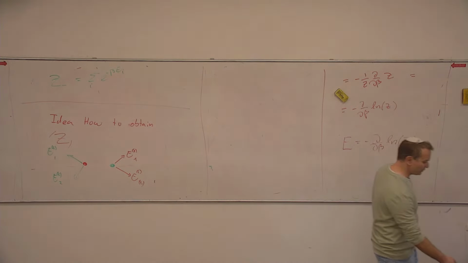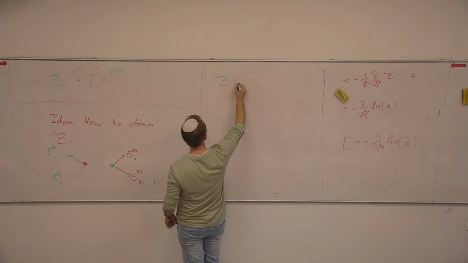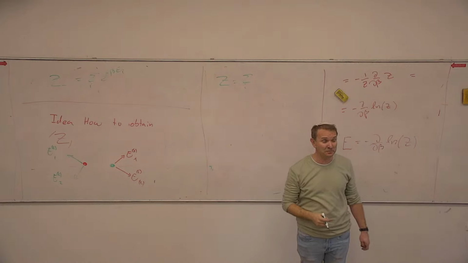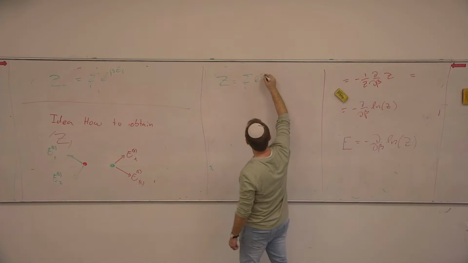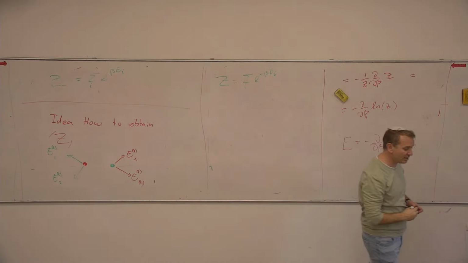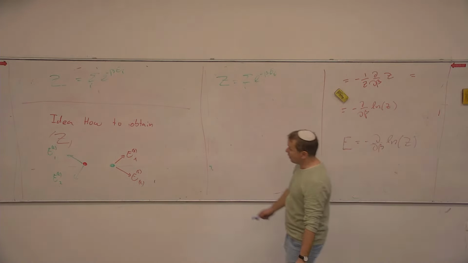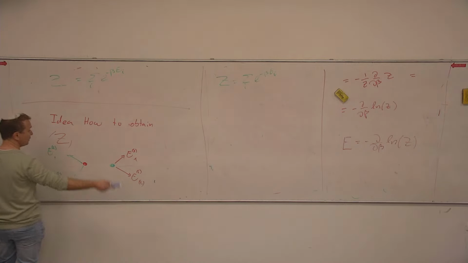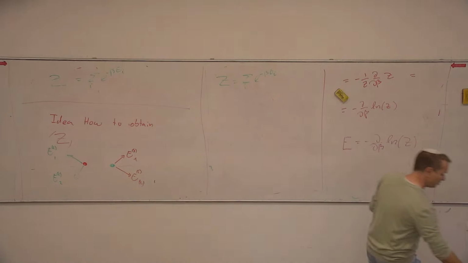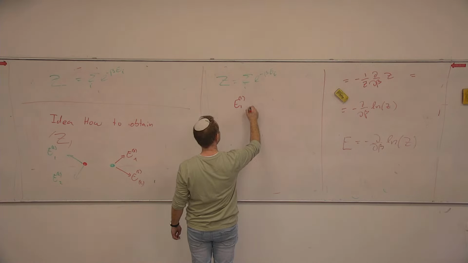When I have to compute the partition function Z, I sum over all the possible states of my system, e to the power minus beta Ei. So what defines a state? The state is defined by the energy in this specific state. So for this simple system, what are the different states?